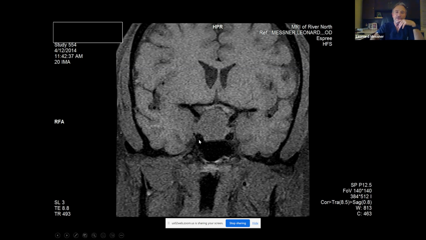The pituitary gland itself would only occupy about this much of the sella. In this case, the entire suprasellar cistern has been filled, and you can see this bowing up of the chiasmal bar that is maximally affecting the nasal fibers that cross.